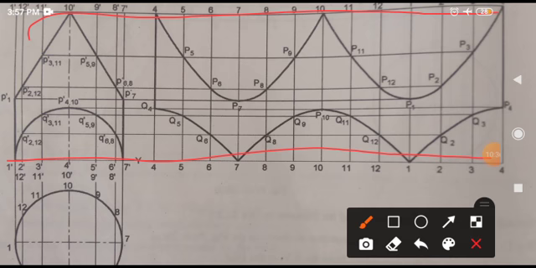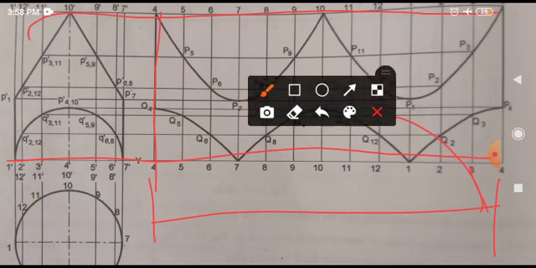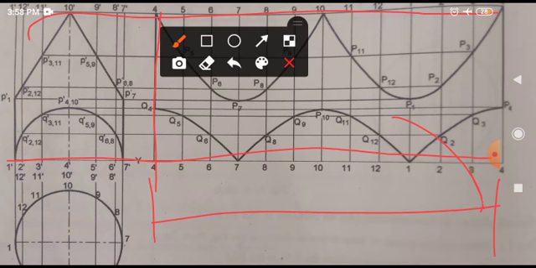Then draw a perpendicular line to this projection, which means this is the first point. Then take this distance. The length of this rectangle is what? Pi into d.